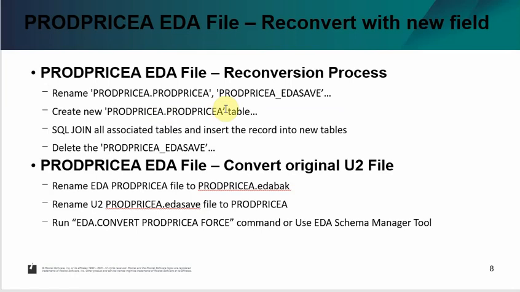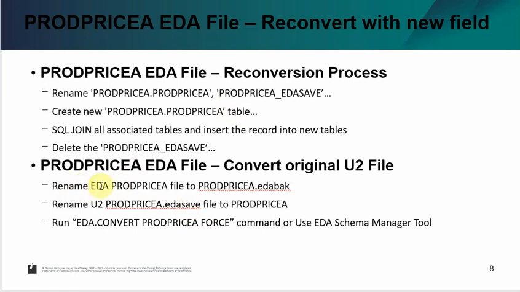After that, on the remote server, we use the SQL join function to copy all the data back to the new product price A table. Sometimes it takes a long time, longer than the original conversion process. So for the second option, you might say, hey, it's too long, I want to redo the conversion on the original universe data file.